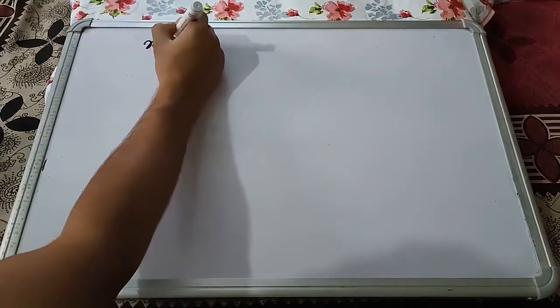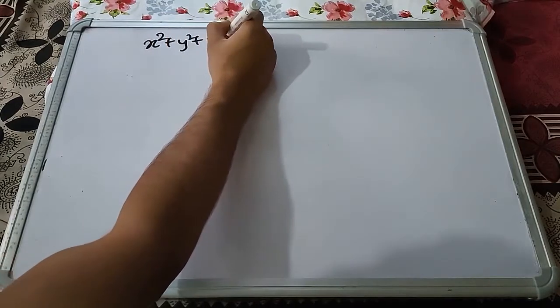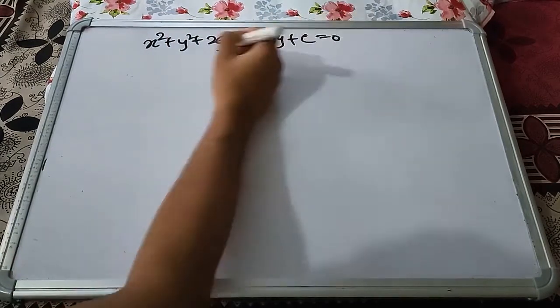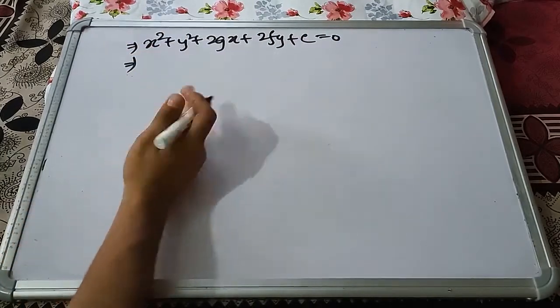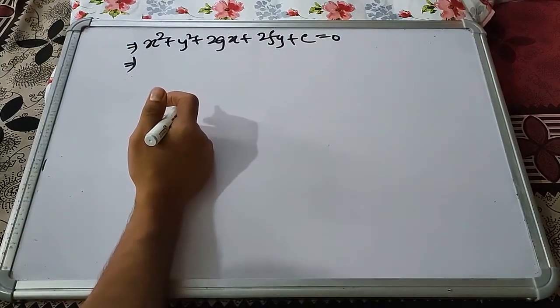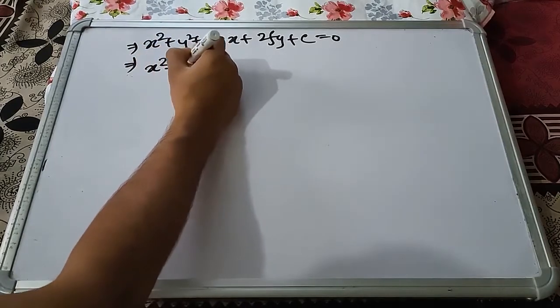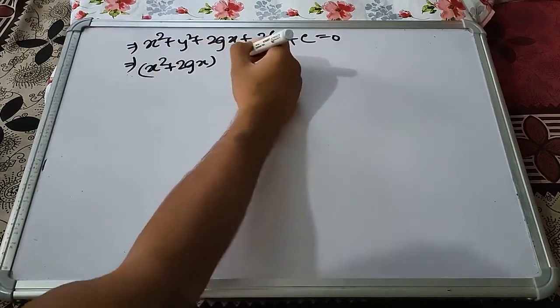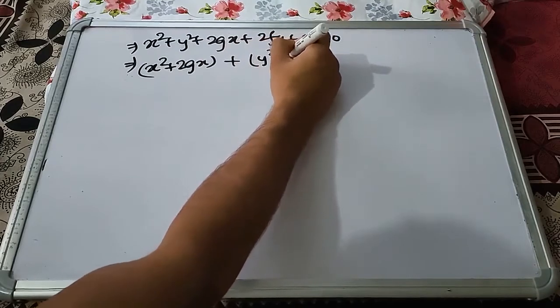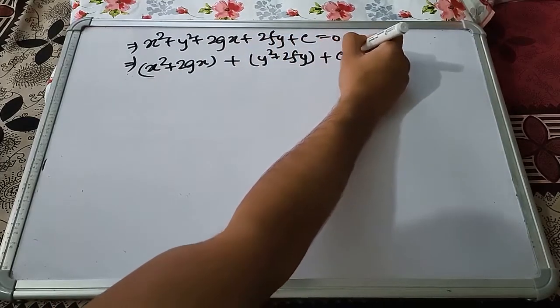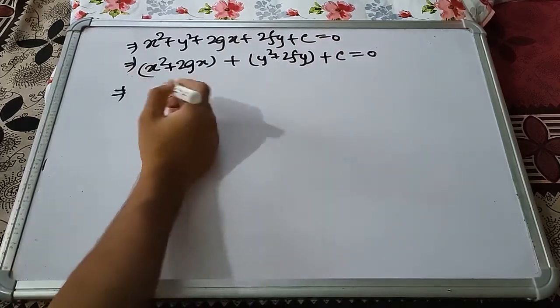So we rewrite the standard equation of a circle. Now I just rewrite in a different format. So x square plus 2gx you take it together, y square plus 2fy you take it together, plus c you take separately.